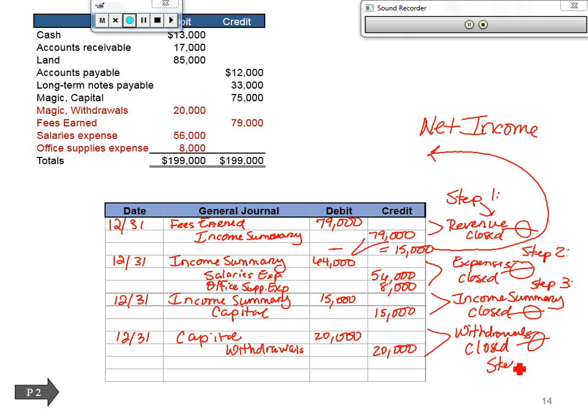That's step 4. Now we should be able to figure out how much is in capital now, right? What was the beginning balance of capital? 75,000, right? And then what do we add?